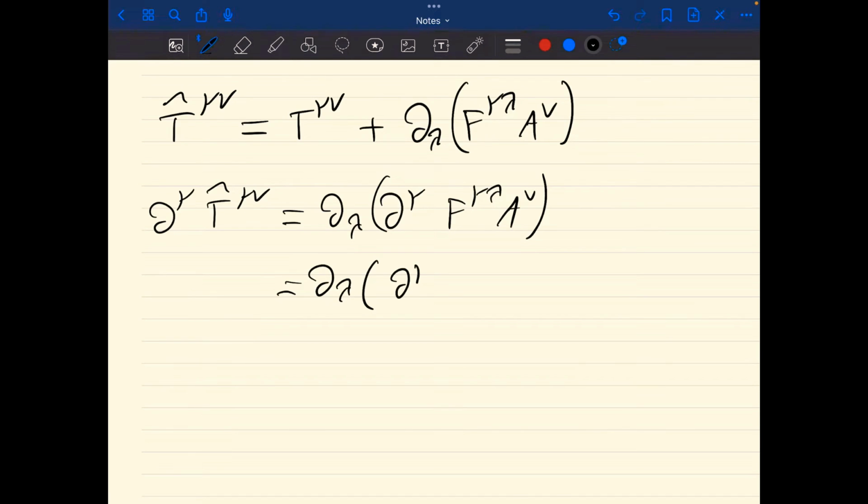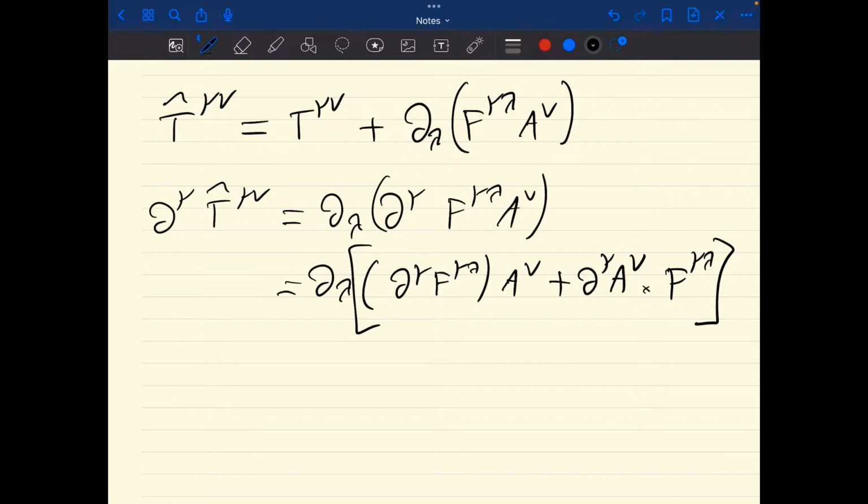The first term here, lambda A nu, so that's like that, plus, now the derivative acts there, F mu lambda. So this term here vanishes, that's actually Maxwell's equation. That was the first part of the problem, so that's 0.